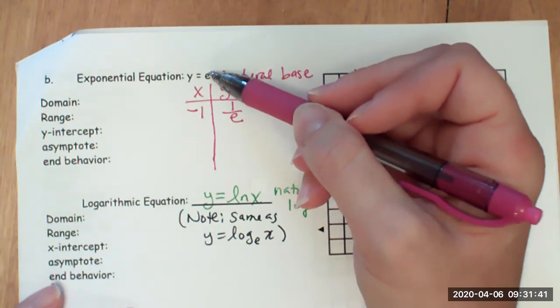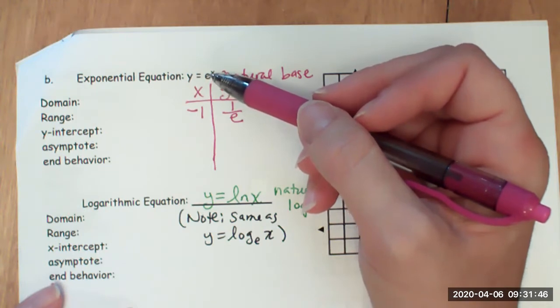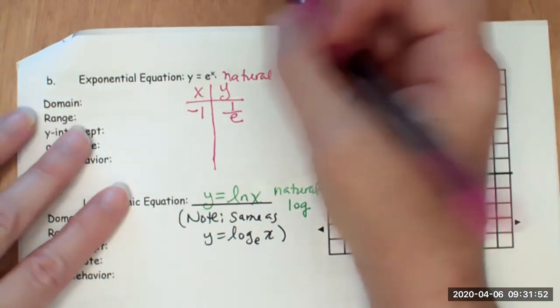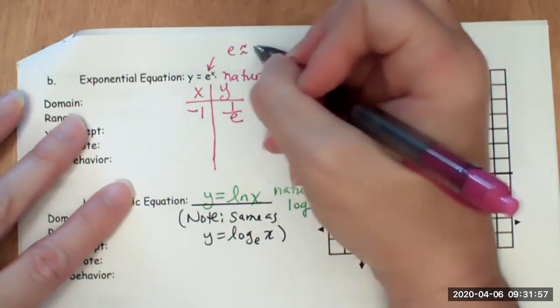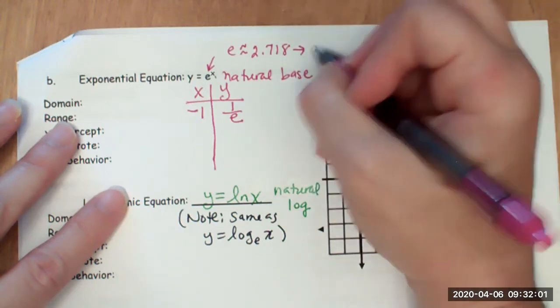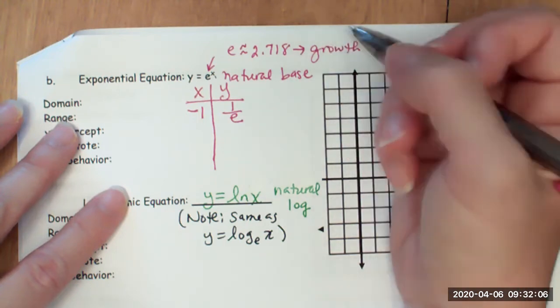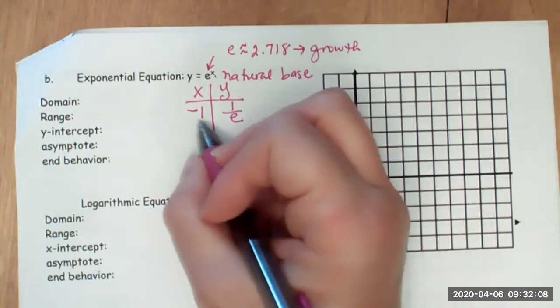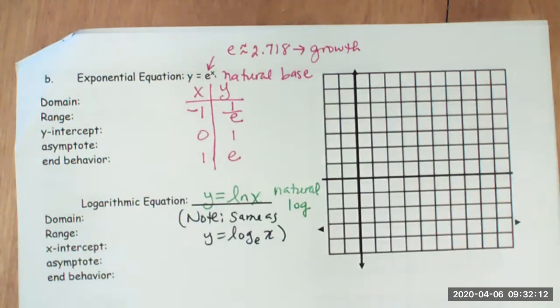And then think to yourself, is this growth or is this decay? In other words, what should my graph look like? Hopefully you've thought about that, and you know that e is approximately 2.718, therefore we have exponential growth because that's the value of b. So you have -1, 1 over b, 0, 1, 1, b, which is e.